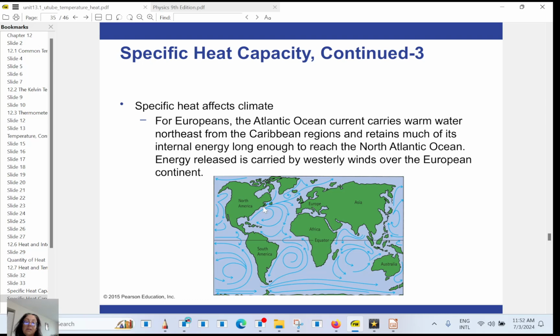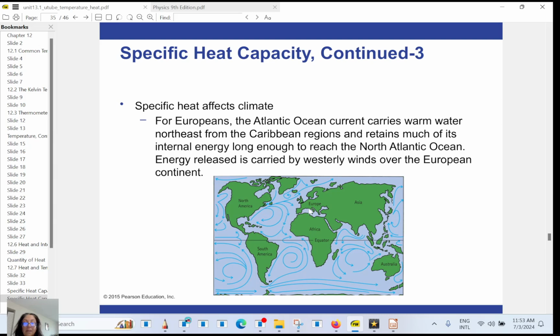New York City is very cold during the winter and very hot during the summer. It can be even hotter than in Florida and very humid too. So New York has extreme temperatures, but for the same latitude, if you go to France, it's not as extreme. It's not very cold during the winter. If you go to Paris here, it's not very hot during the summer.